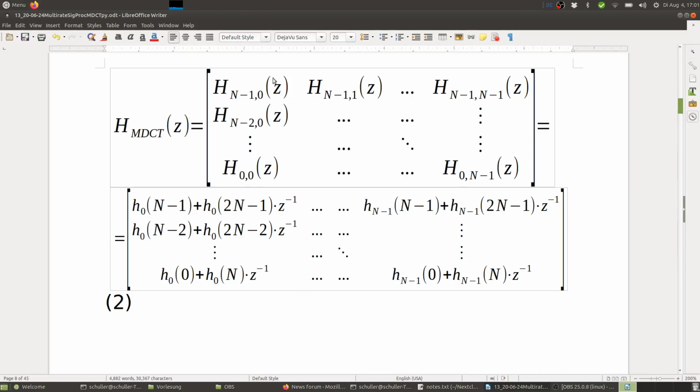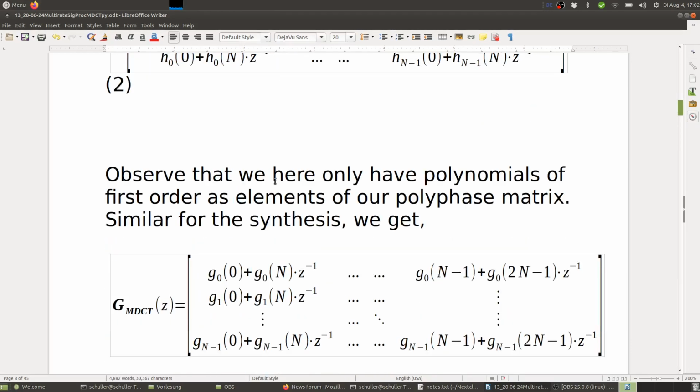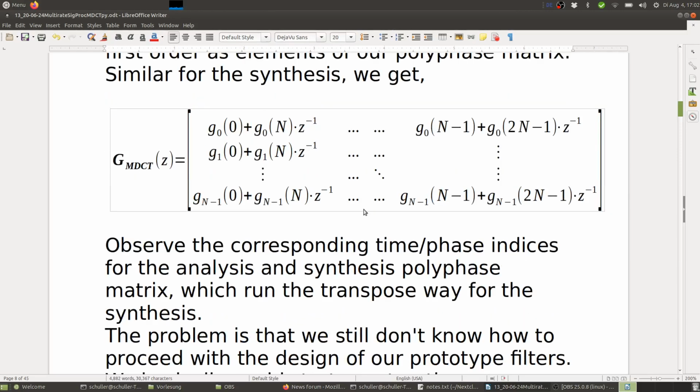Right, so each of those polynomials is now of first order. So observe that we here only have polynomials of first order as elements of our polyphase matrix. And similar for the synthesis, we get this. So same thing, first order polynomials. Just now we have the subband index here.